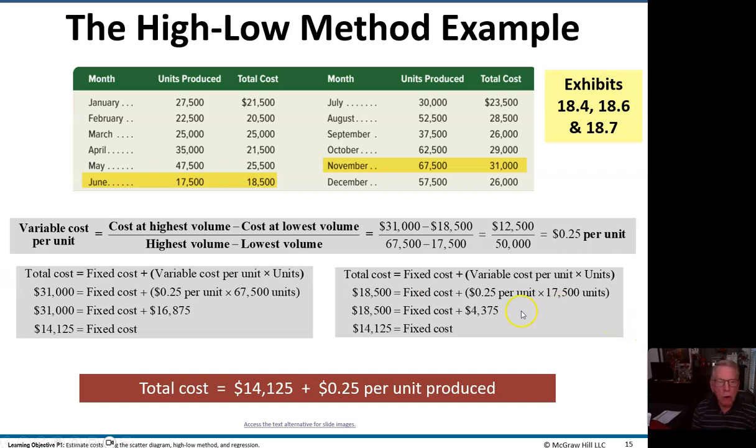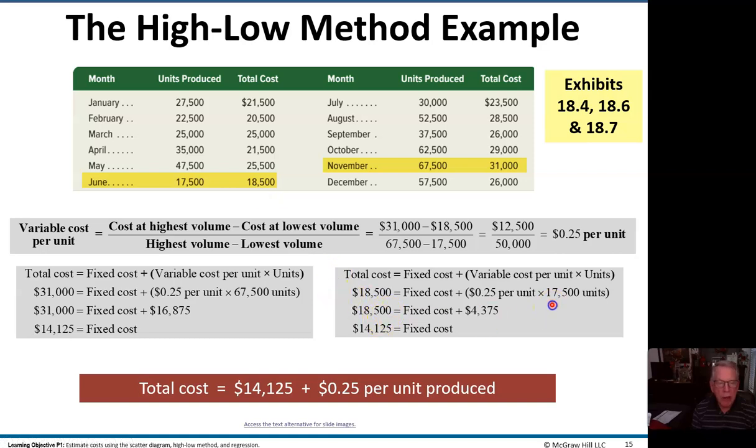Now you'll notice that I did that on the highest volume. I can also do it on the lowest volume, which I'm doing here. Again, I come up with 17,500, which is my volume here, and my 18,500 is my total cost.